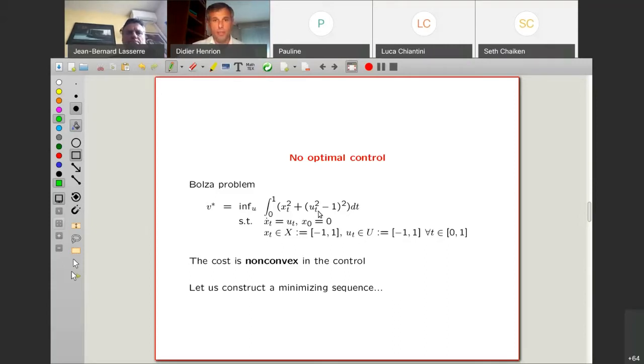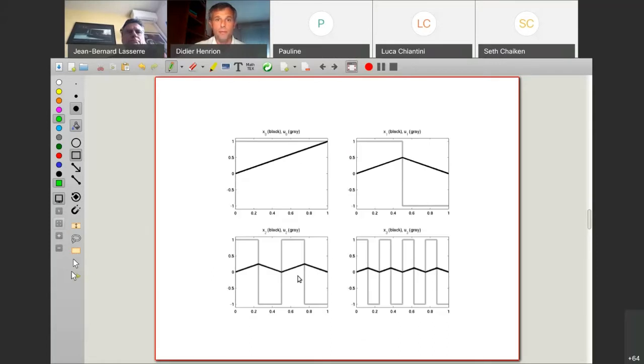And when this integer increases, I will get a better and better value for the cost. On my next slide, you see an example of a minimizing sequence. So in black, I have the trajectory x, and in gray, the control. They are both functions of time, time here in the horizontal axis.